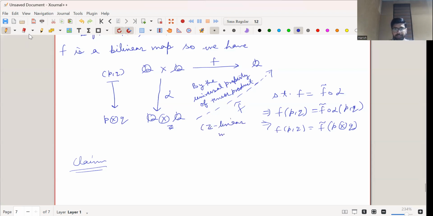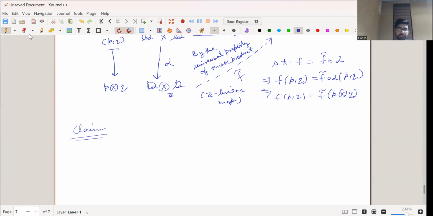Z linear map means it's a Z homomorphism, so the homomorphism is already there from Q tensor Q to Q. If we could show that this map coming from the universal property is actually injective and onto, then it will be an isomorphism, and we will get that Q tensor Q over Z is isomorphic to Q itself. So the claim is F delta is an isomorphism.